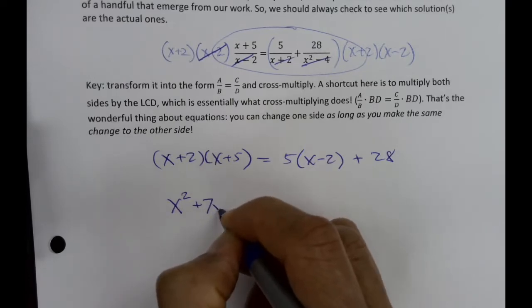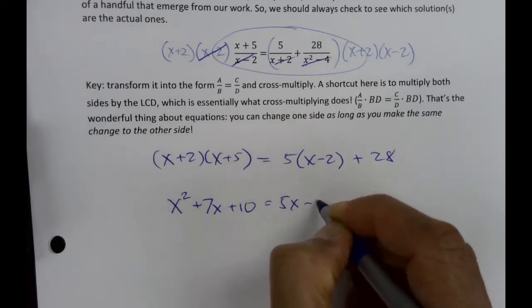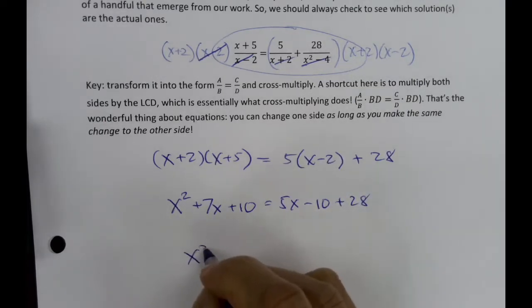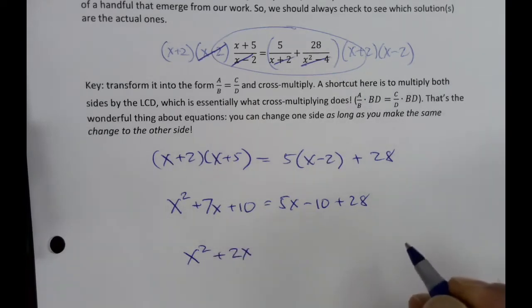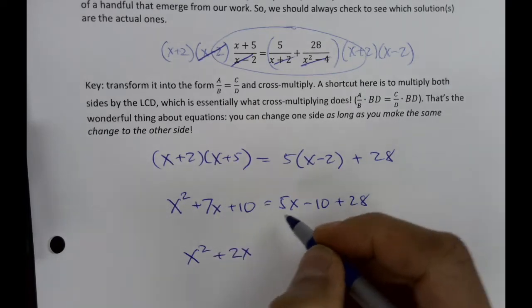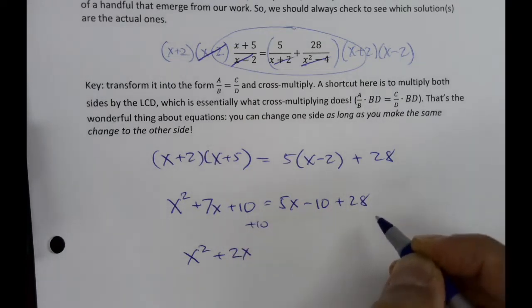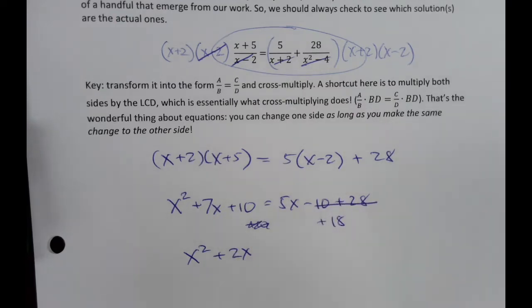So this is x squared plus 7x plus 10. This is 5x minus 10 plus 28. If I subtract 5x from both sides, I will be left with that. And then if I add 10, let's just simplify that first. This is plus 18.